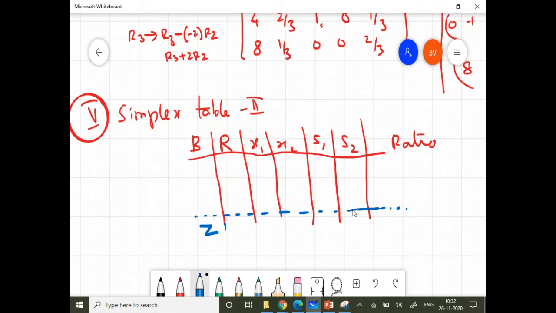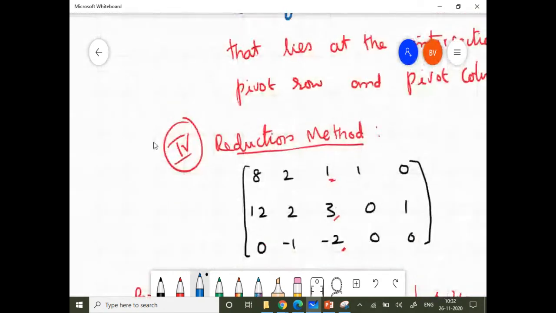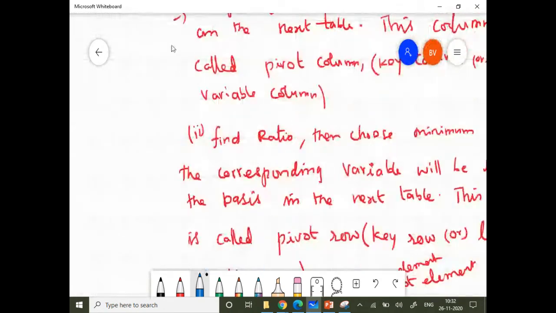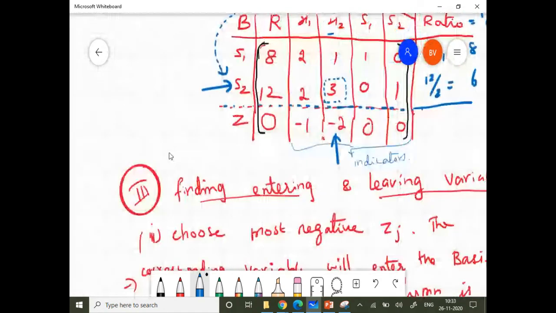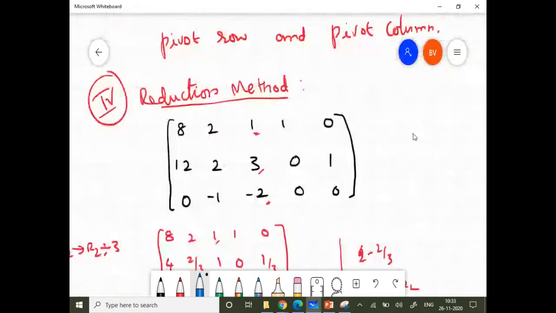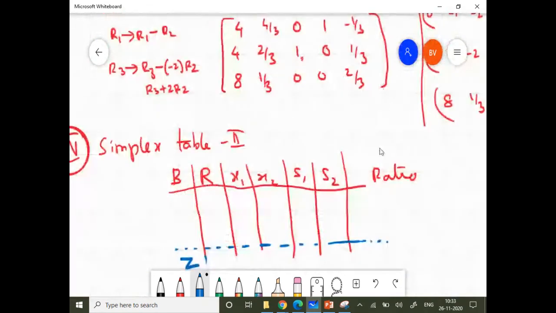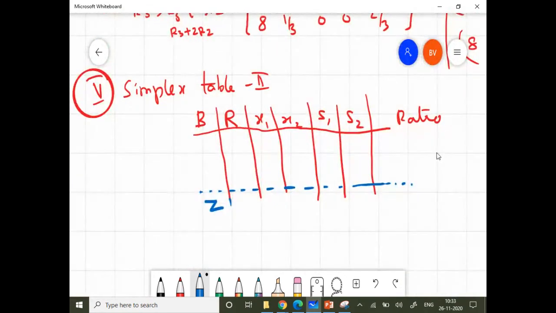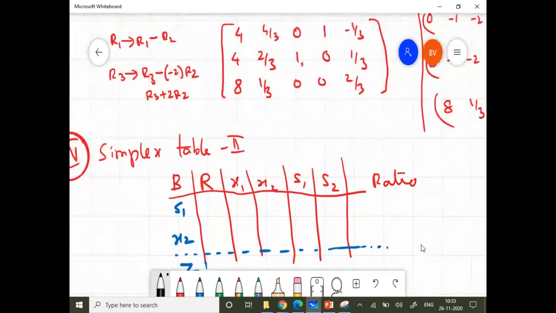Go to the problem, the previous simplex table. Basic variables are s1 and s2, but s2 will be kicked out. x2 will come here. So s1 and x2, right? That's it. The new simplex table we will write: s1, x2. Now just fill this table.